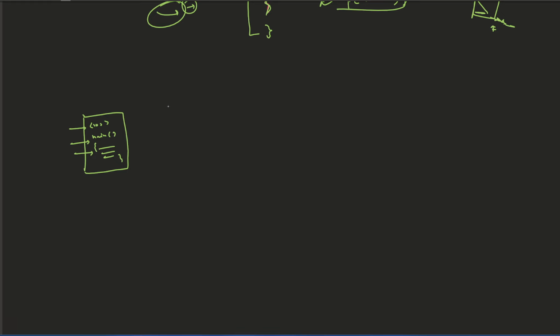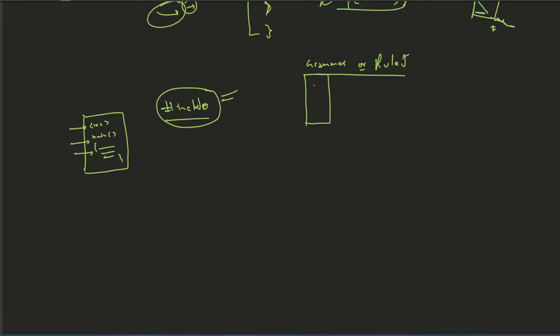So after including this file, so the hash include, how does the machine know, when the system is reading, whether this thing is valid or not? There is something called grammar. With every language, as with English, there is grammar, or the rules, which we all have to adhere to when we are working with languages.